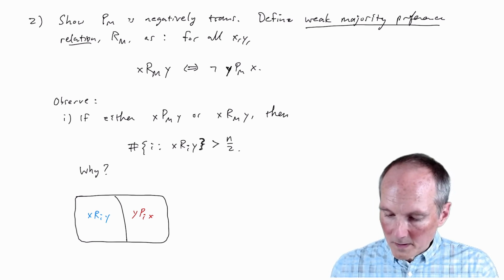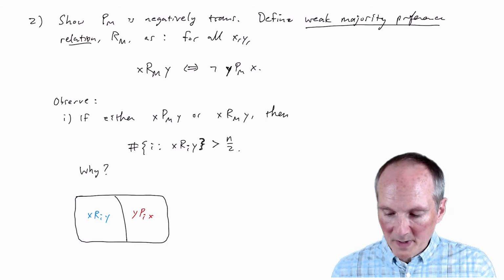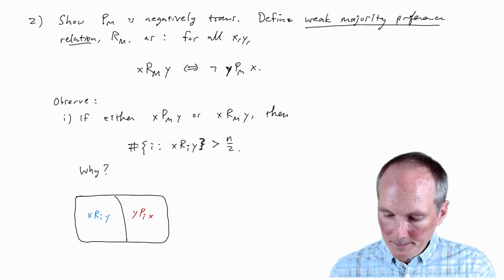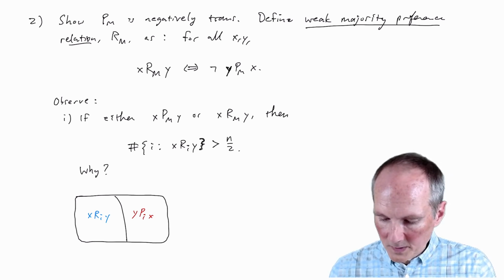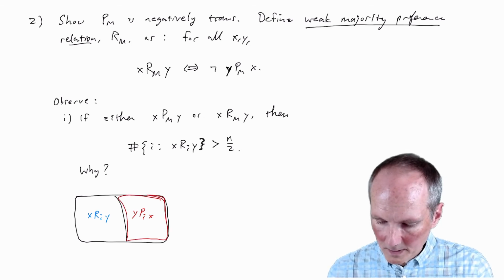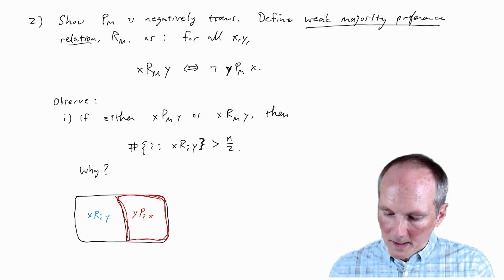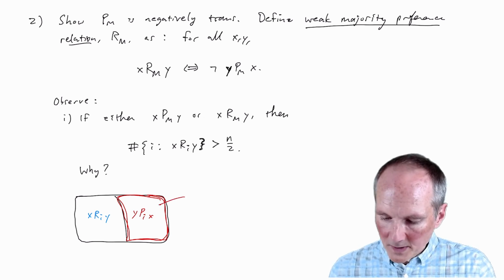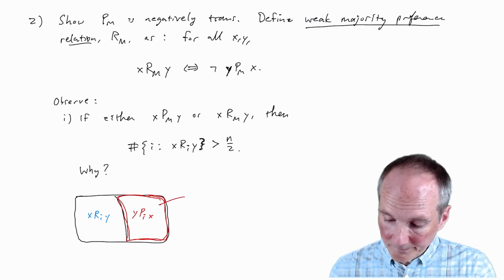Well, if x beats y, then y doesn't beat x. So if we look at this red group, there can't be a majority of those guys.